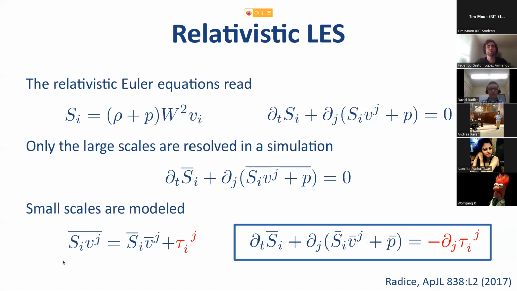For example, there is this correlation between the momentum and the velocity. If we only know the average momentum and the average velocity, we cannot write this explicitly. So instead, what you can do is write this as a product of the two coarse grained quantities plus a term that we're going to model. This is the subgrid stress energy tensor.